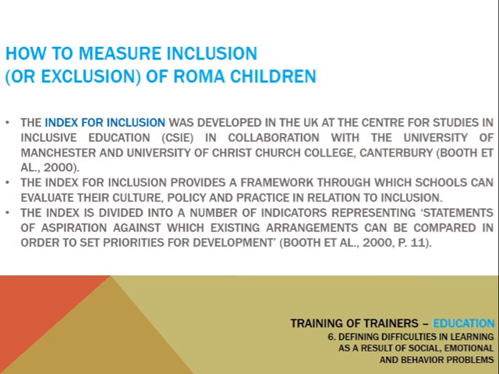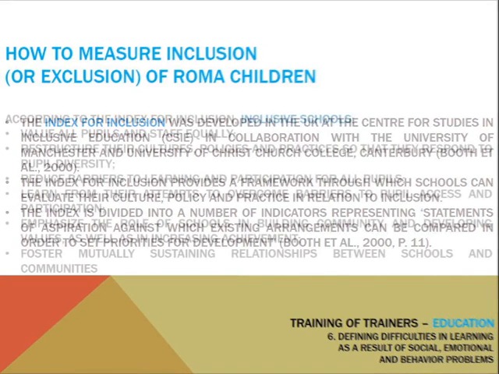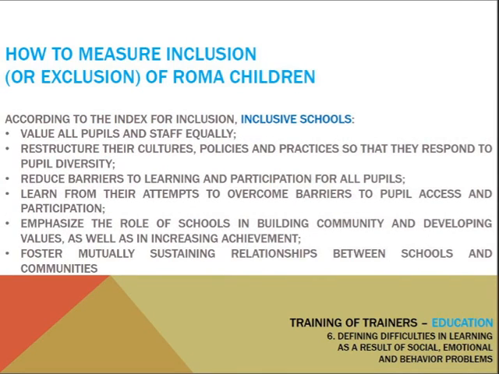They learn from their attempts to overcome barriers to pupil access and participation. They emphasize the role of schools in building community and developing values, as well as in increasing achievement. And they foster mutually sustaining relationships between schools and communities.